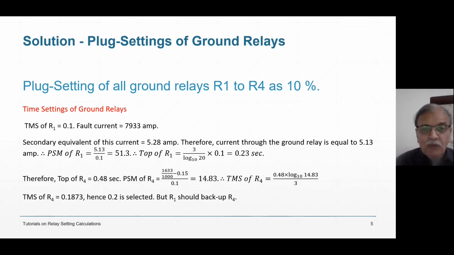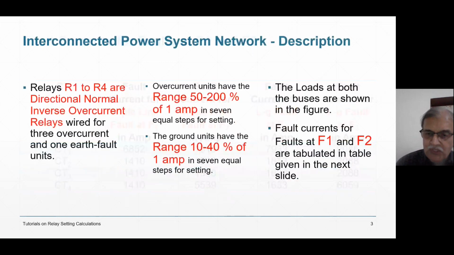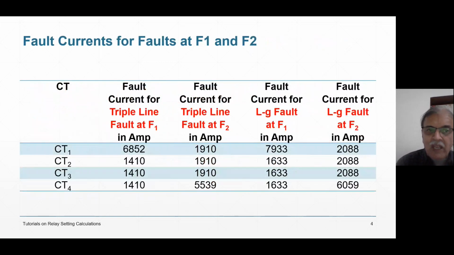PSM of R4 is what? 1633, because 1633 is the current. Try to understand. Fault current is F1, it has not changed. But through CT1, 7933 was passing, but through CT4, 1633 is passing.